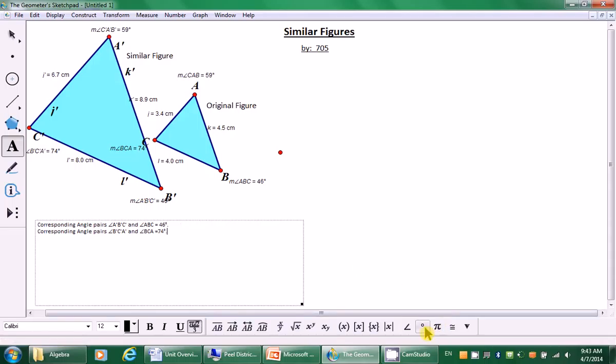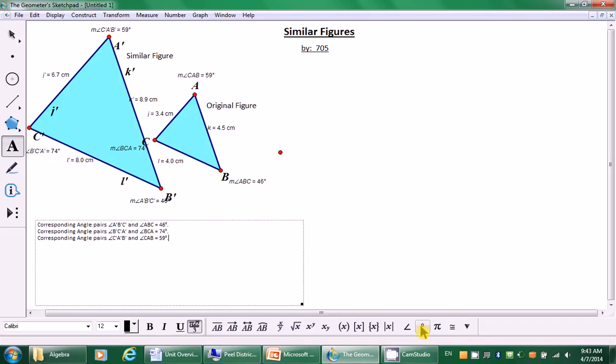Period. And let's type in the statement for the last pair. So maybe I should put a space here. All right. Corresponding angle pairs. Which ones haven't I done? I haven't done this one. Angle C prime, A prime, B prime, and angle CAB equals, in my case, my diagram, 59 degrees.